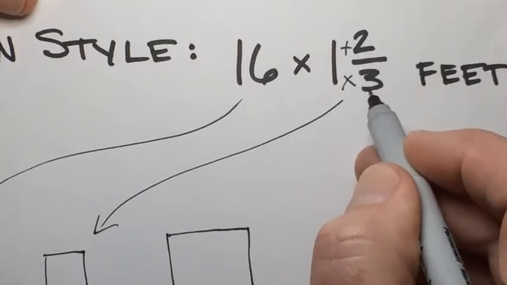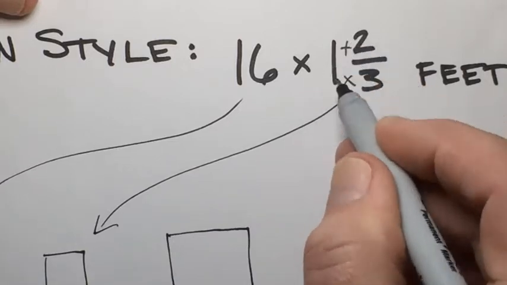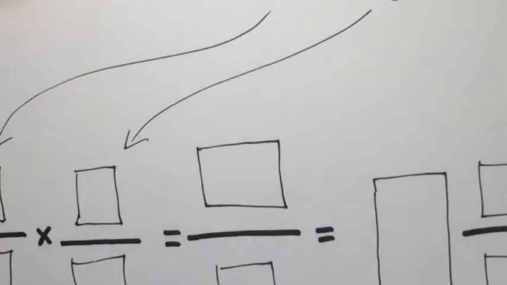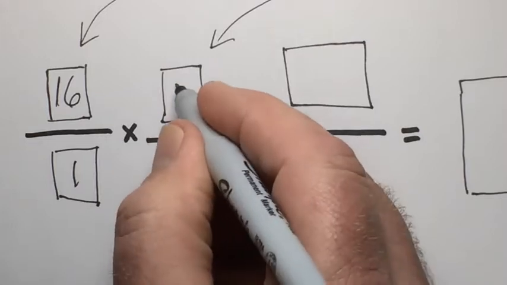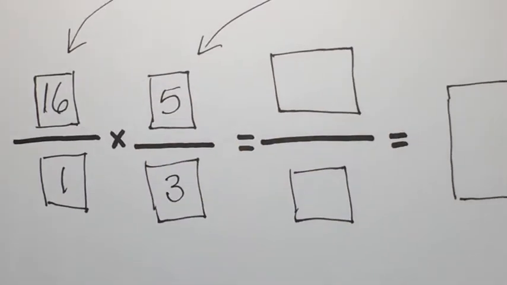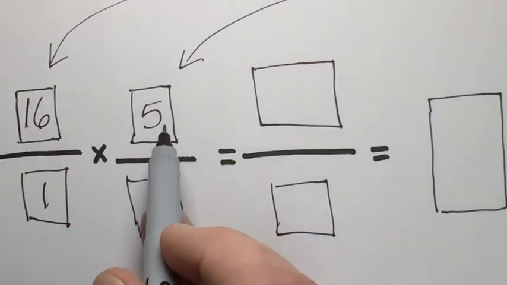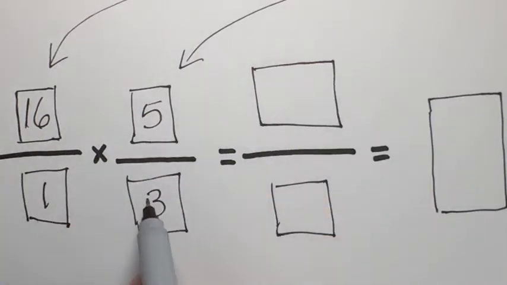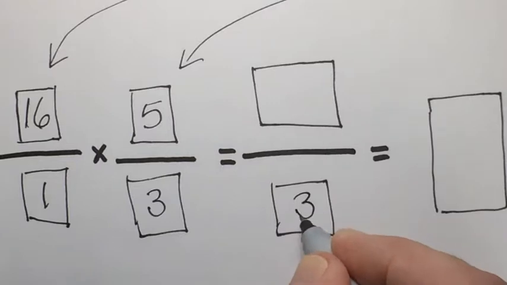So 5/3. In this group of 1 2/3, there's actually 5/3. So let's put that 5/3 here. Now to solve this, we're going to have 16 times 5 on the top, and then 1 times 3. Well, 1 times 3 is easy.